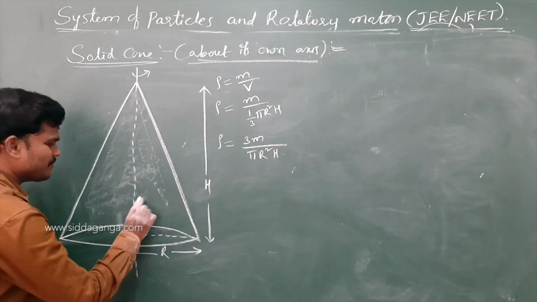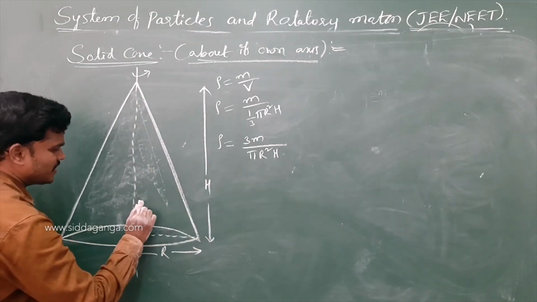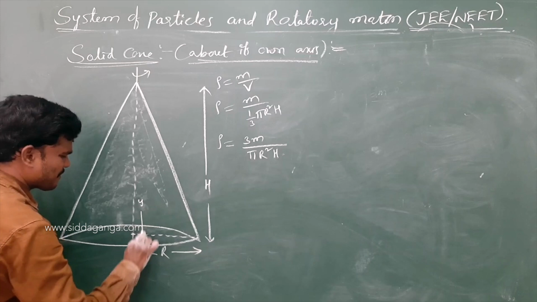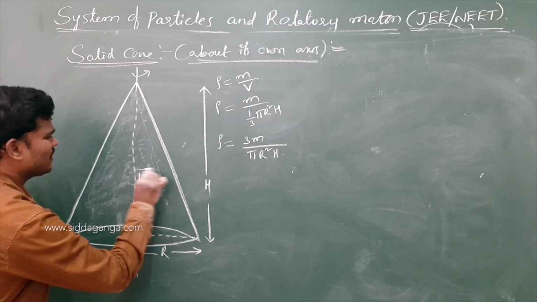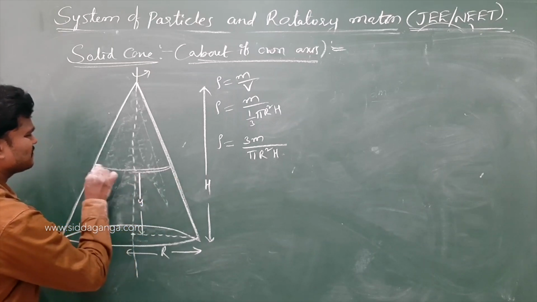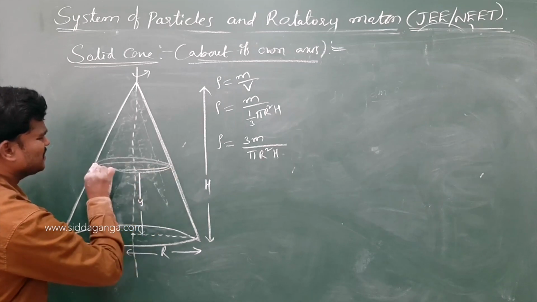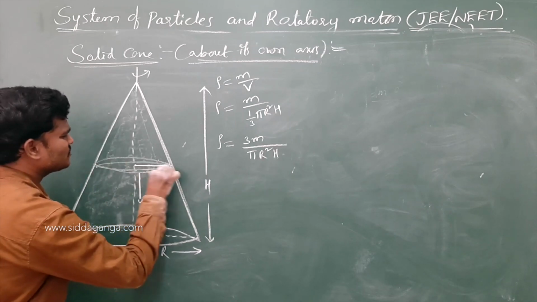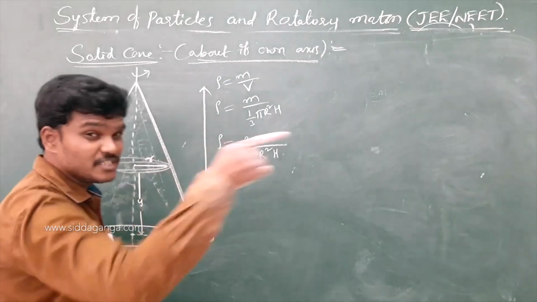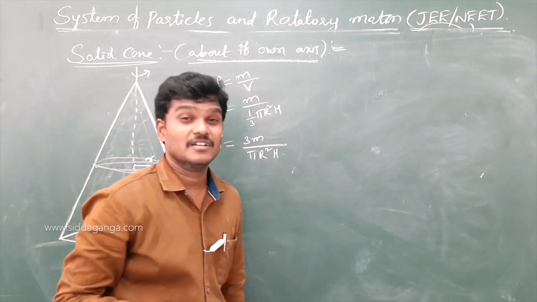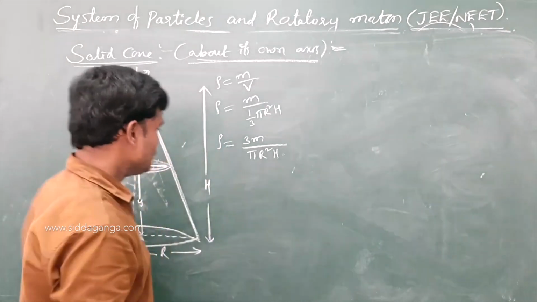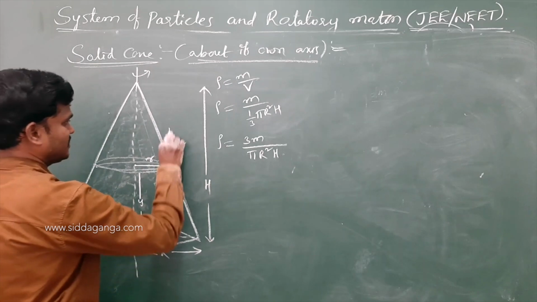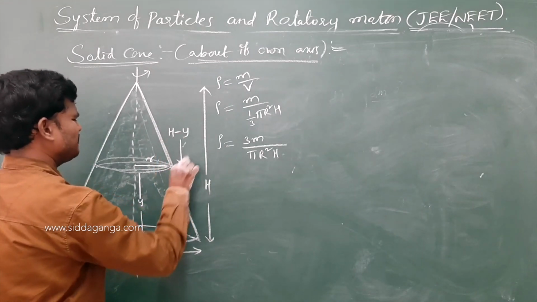Again, to solve this type of question, at a distance of something y, you take a small part. Cut the small part, which has some radius r. That small part looks like a circular disc, and this is at a height of h minus y.